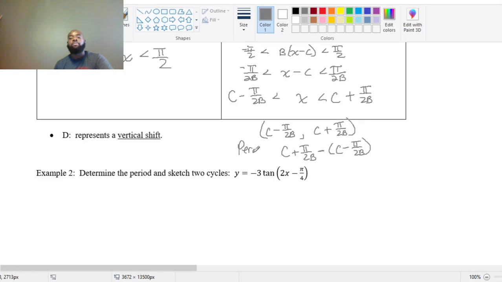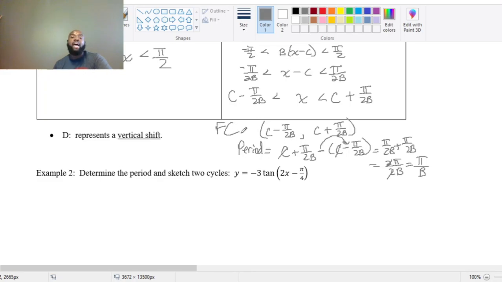So my period is going to equal, well, c minus c is zero. I have to distribute this negative, so that's pi over 2b plus pi over 2b, which is 2 pi over 2b. So my period, the 2's cancel, is pi over b.